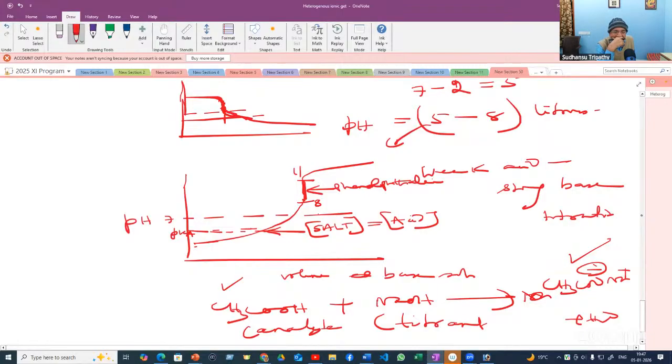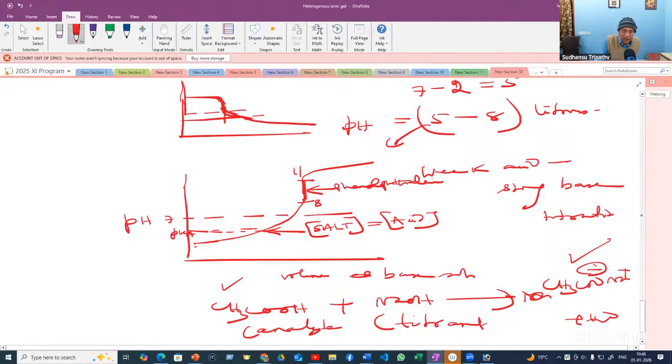You can do that, but if you go before the equivalence point, you enjoy a different pH value at different salt to acid concentrations, and slowly the salt is increasing, the pH is increasing, and finally near the equivalence point, and at the equivalence point it is no longer a buffer, it is pure salt.